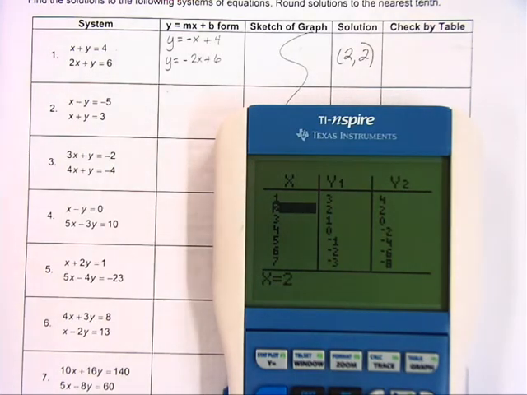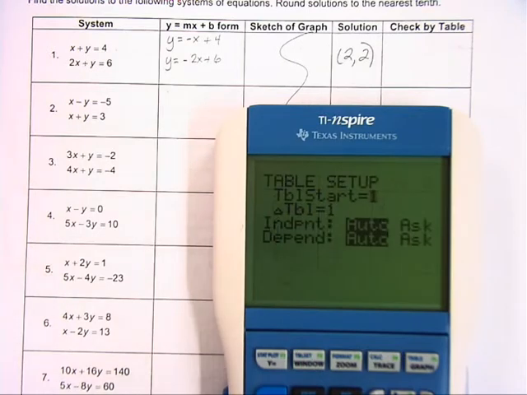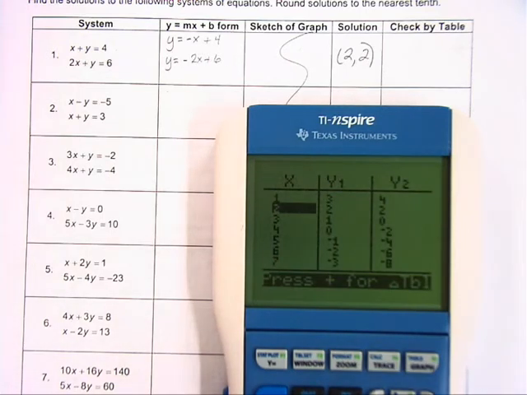Well, you don't want to sit there with your finger on the up arrow for 10 minutes, so you go to second table set, which is window, and where do you want your table to start? I want mine to start at 1, so I just put 1, and then go ahead and say second table, and it'll start right where you told it to. You can tell it where to start.